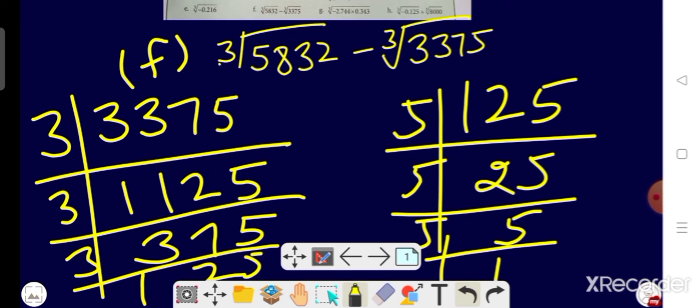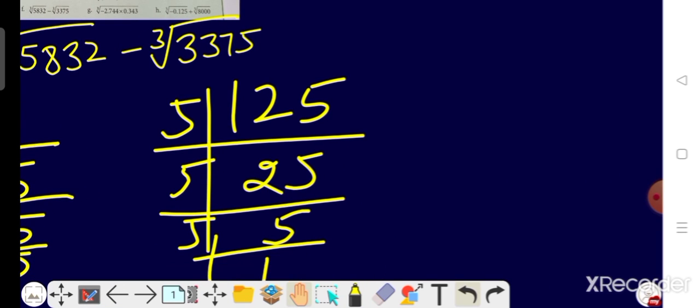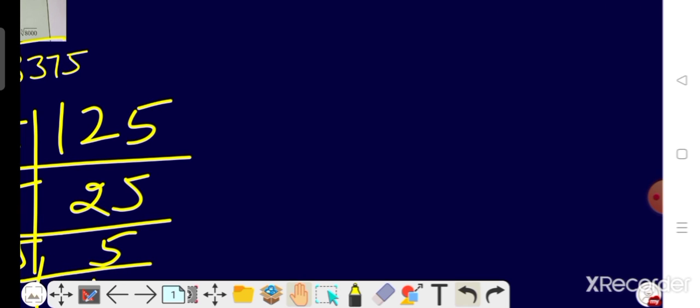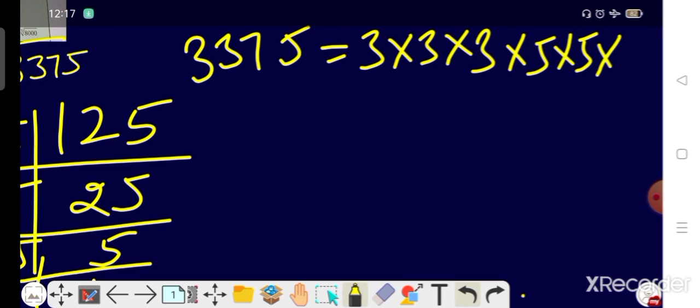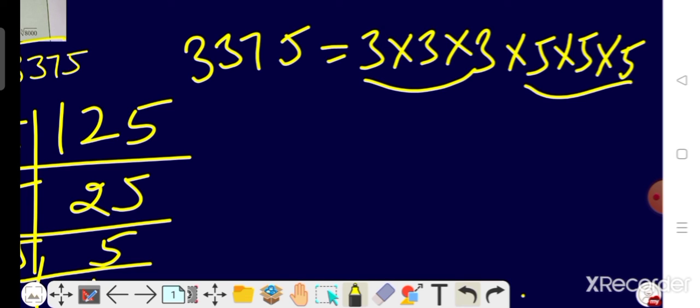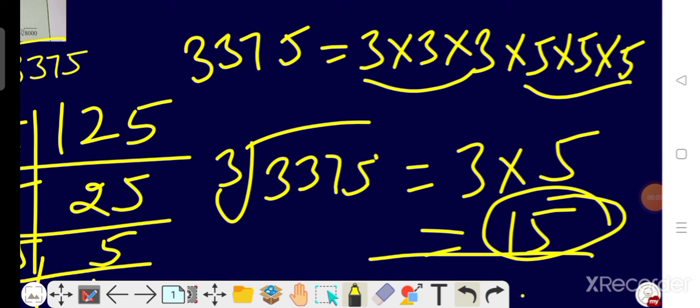So the prime factorization of 3375 is equal to 3 multiplied by 3 multiplied by 3 multiplied by 5 multiplied by 5 multiplied by 5. So each prime factor is in a group of 3. So the cube root of 3375 is equal to 3 multiplied by 5, and this is equal to 15. So this is the cube root of 3375.